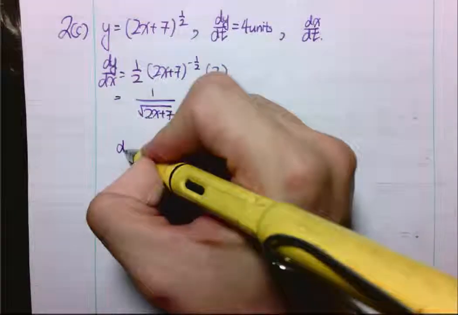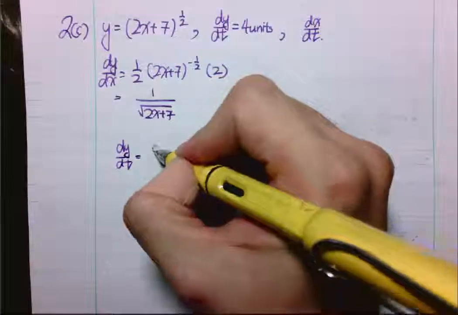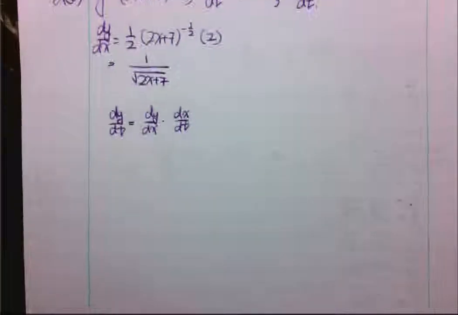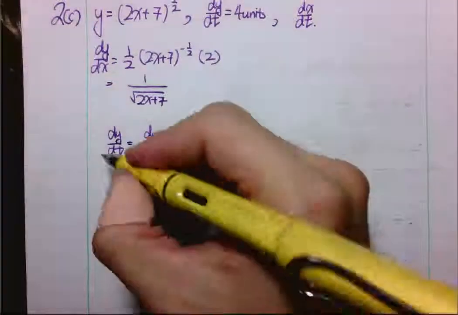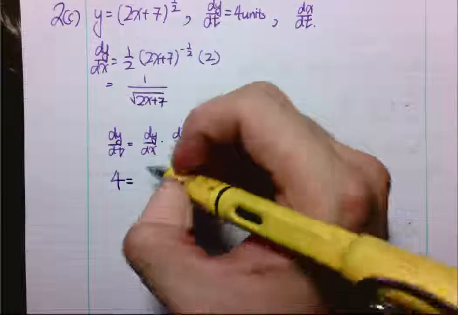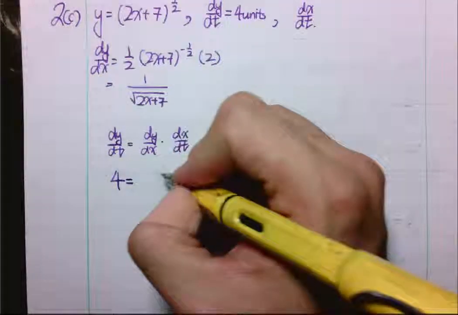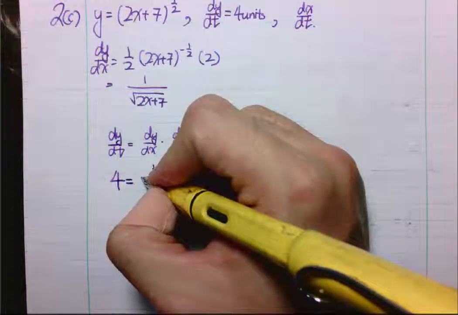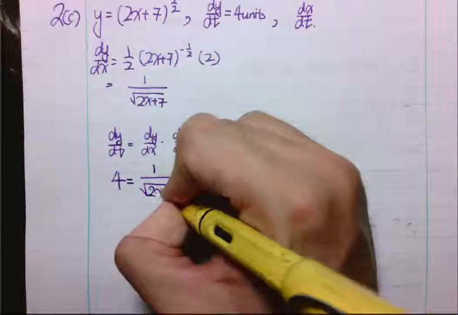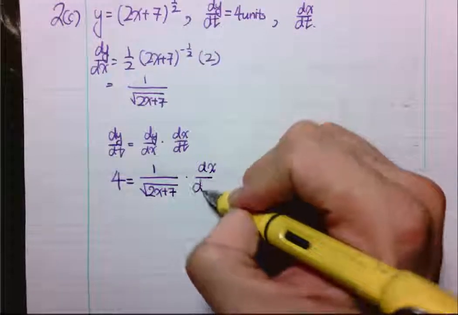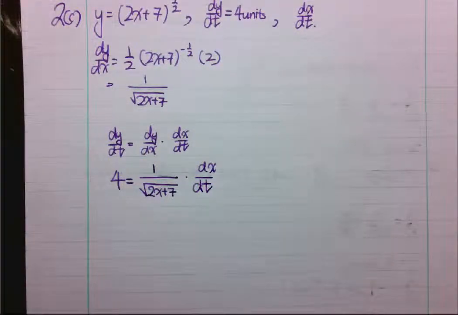Now I will find dy/dt equals dy/dx multiplied by dx/dt. Just substitute the values that we know. dy/dt is 4, and dy/dx is 1 over the square root of 2x plus 7, times dx/dt. dx/dt is the unknown here.